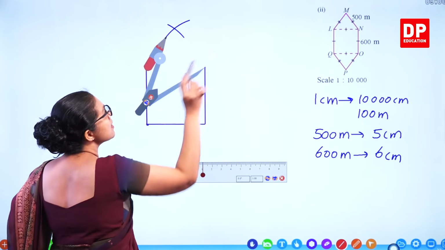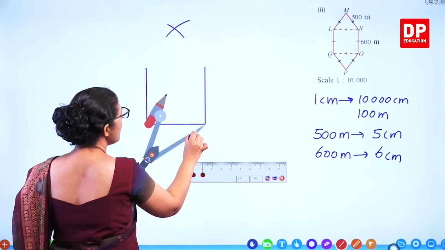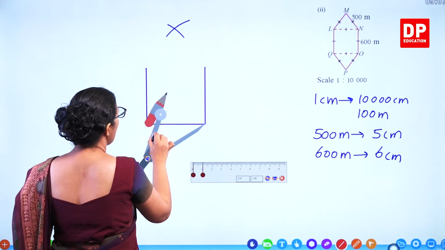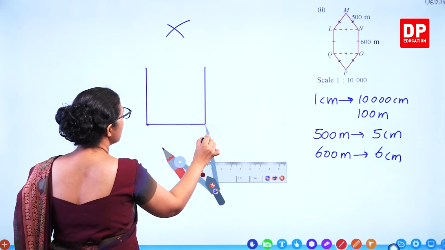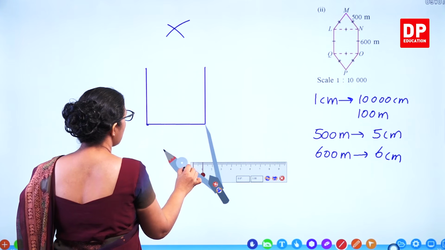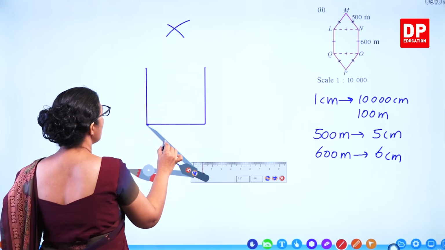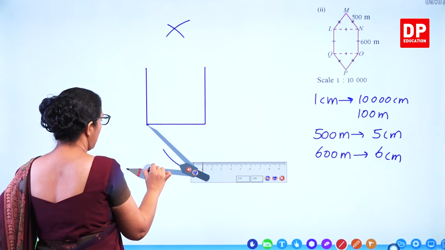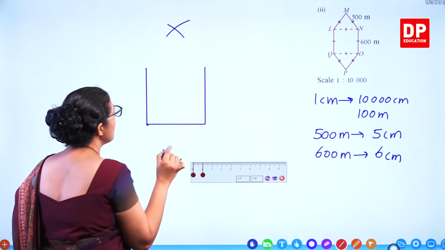So that's M point. Do the same thing here. You keep on top of this point and draw the arc in the middle, and here keep on top of this point and continue the other arc. Now we have both the points.